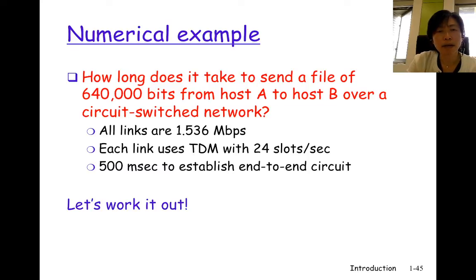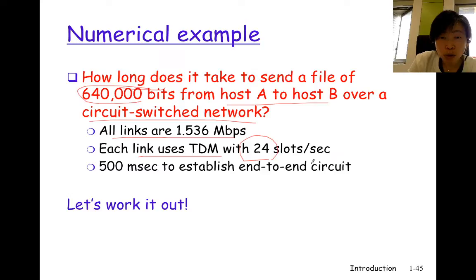Let's work through an example, so you get a better idea how resources are allocated in a circuit switch network. The question here asks, how long does it take to send a file this big from host A to host B, which are on the circuit switch network? All links run at this bandwidth, but each link uses time division multiplexing, and there are 24 slots per second.